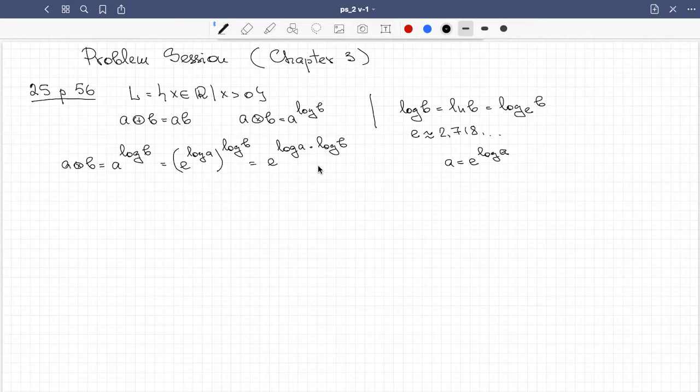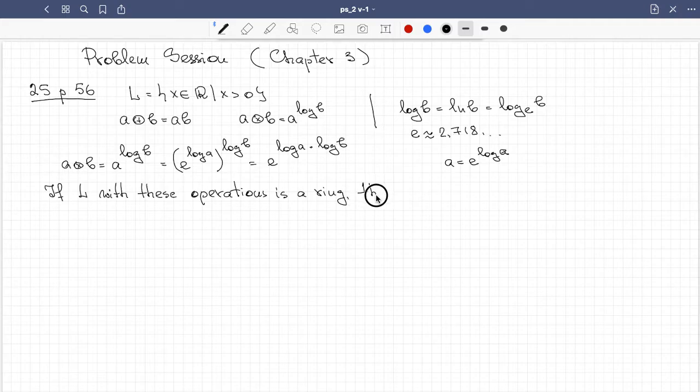From this symmetric form, because this is just a product of two real numbers, log A and log B, we immediately conclude that if L with these operations is a ring, then this ring is commutative.